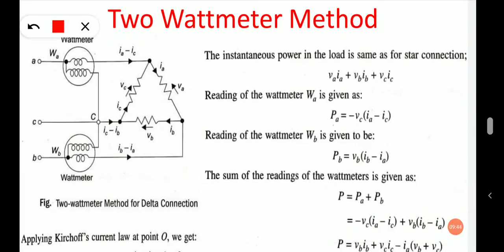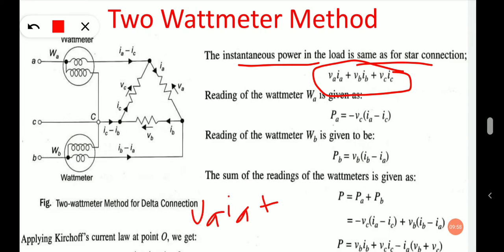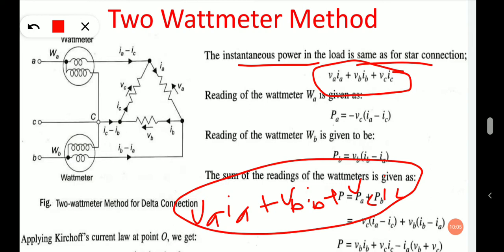Again, the instantaneous power in the load is the same as for star connection, that is VA IA plus VB IB plus VC IC. Now with the same procedure, we will write the readings of wattmeters WA and WB.